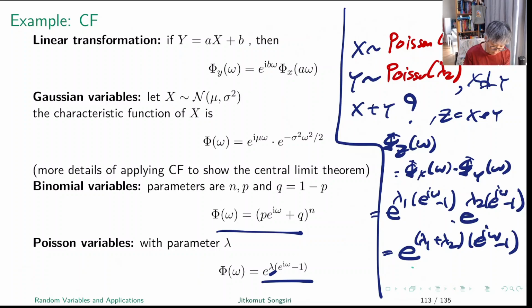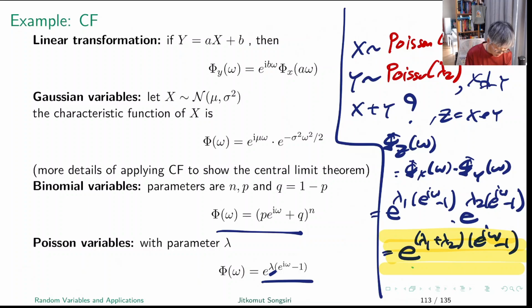At this stage, this is what you got: the characteristic function of Z. Because the CF forms a unique pair with the corresponding distribution, you now recognize that this is just another Poisson CF, but the rate turns out to be lambda 1 plus lambda 2.